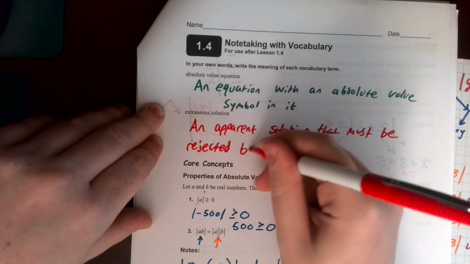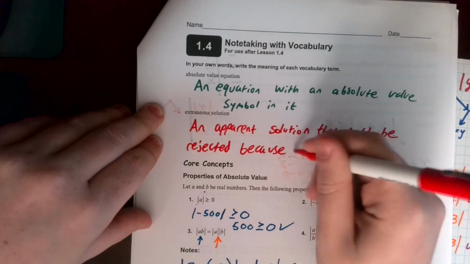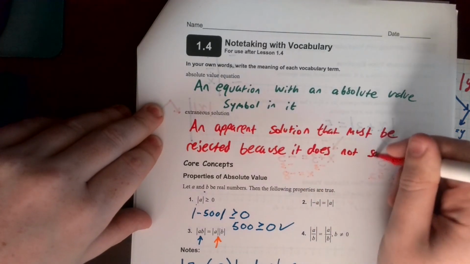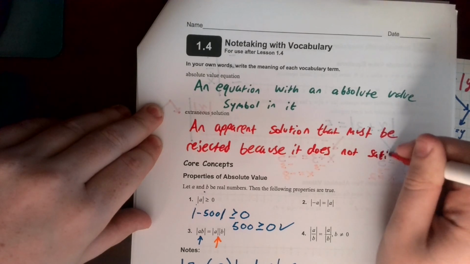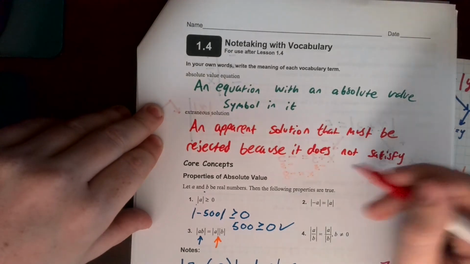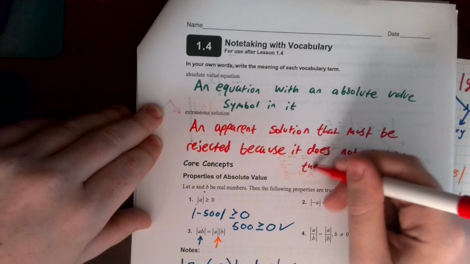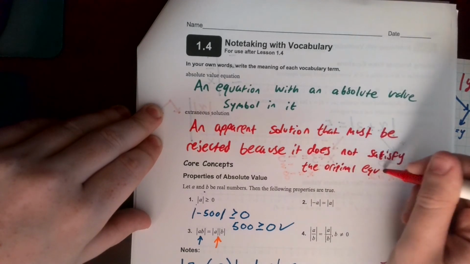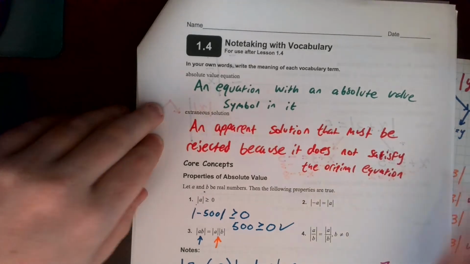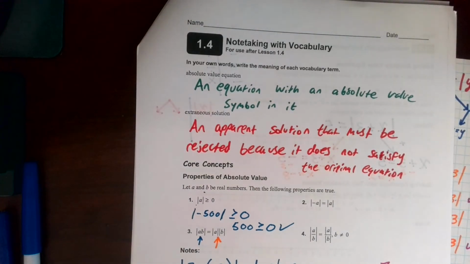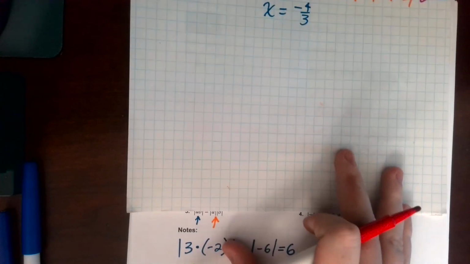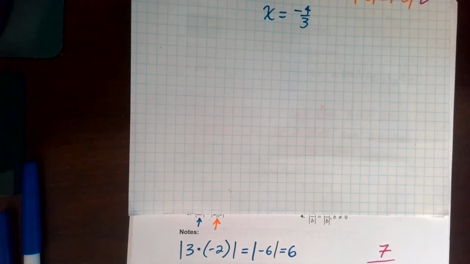Because it doesn't satisfy the original equation. In other words, it doesn't solve the original equation. Now, at this point, I'm already hearing in my head, Mr. Strager, what? Yeah, trust me, I feel you on it. It's going to be a little weird.